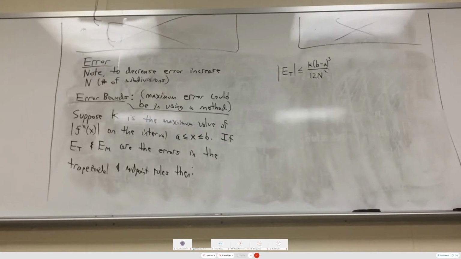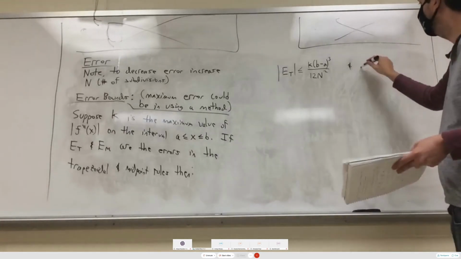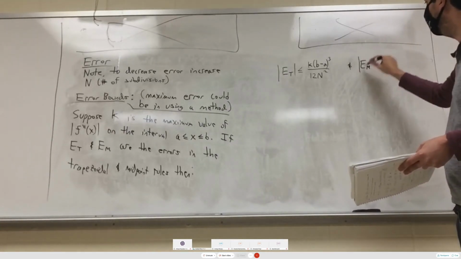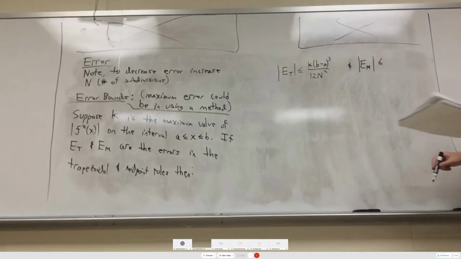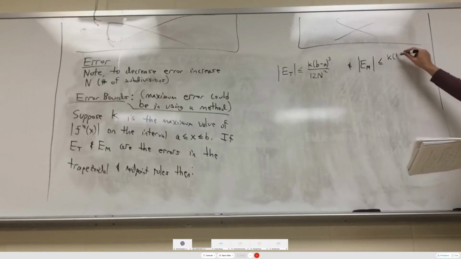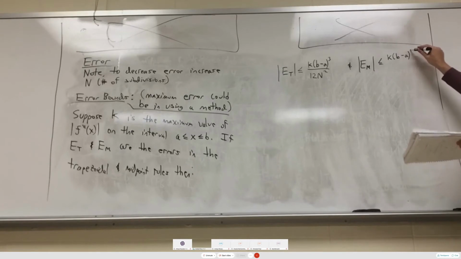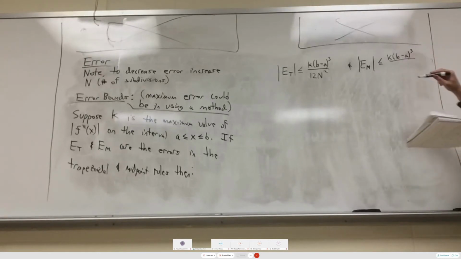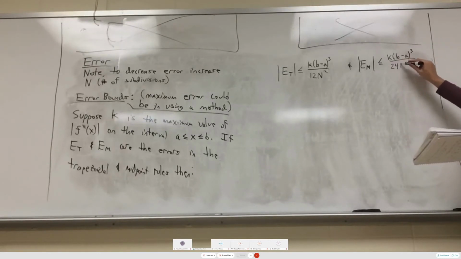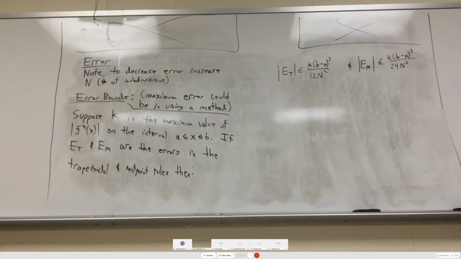And similarly, the error in the midpoint rule is less than or equal to K times (b minus a) cubed, also. Denominator is slightly different, over 24n squared.